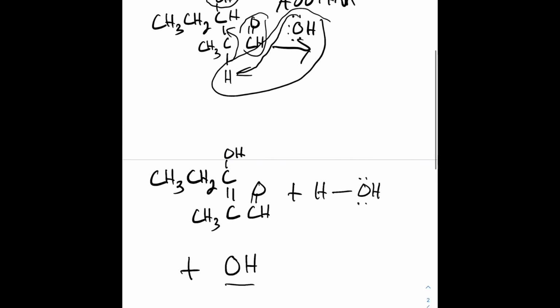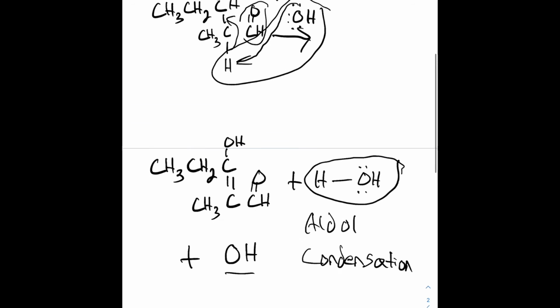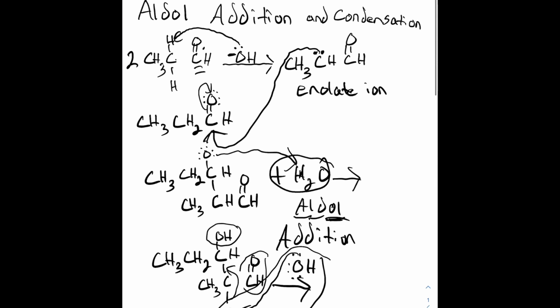This is called the Aldol condensation reaction. Condensation simply means you're going to have water produced as a byproduct in the reaction, and that's what we have here. The reason we use water is that water can act as an acid or a base depending upon your situation.